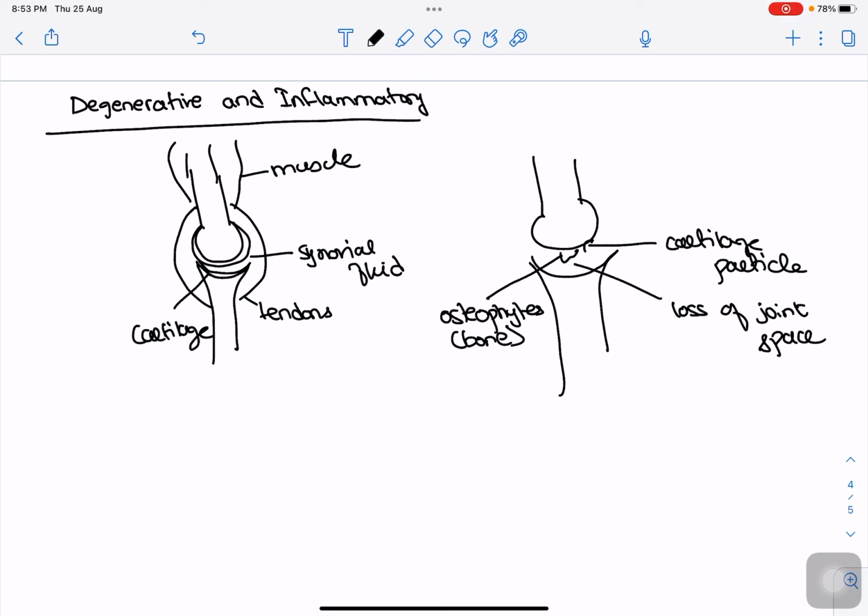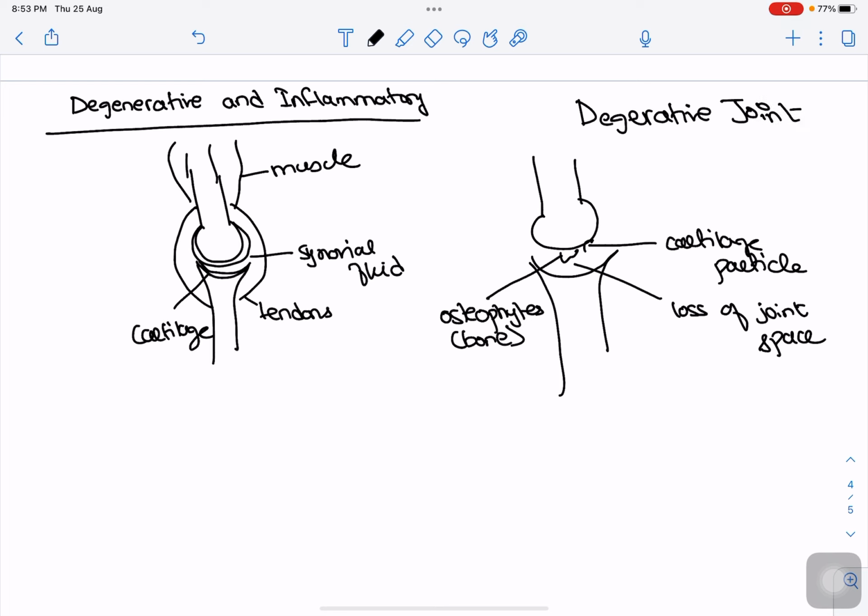So osteophyte formation will ultimately lead to the loss of joint space, and along with that you see the cartilage destruction or cartilage particles present within the joint space. So this is basically an idea of a degenerative joint.